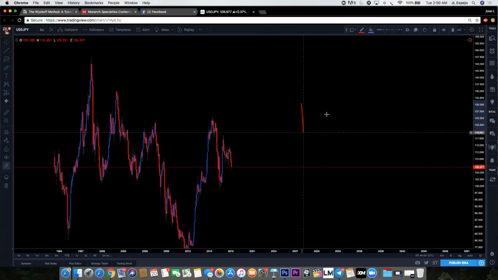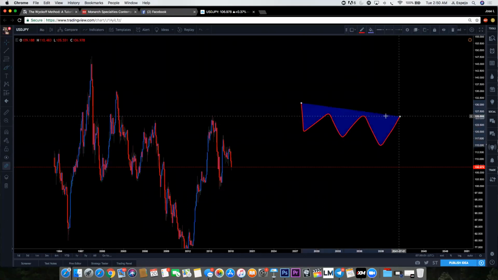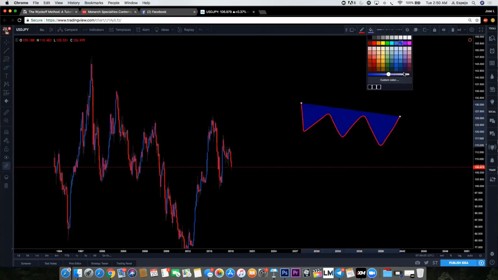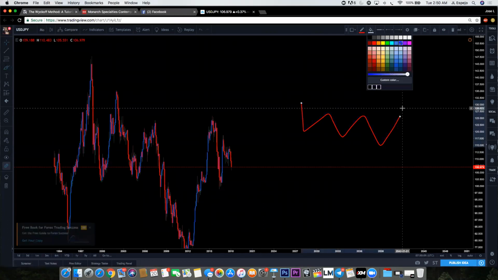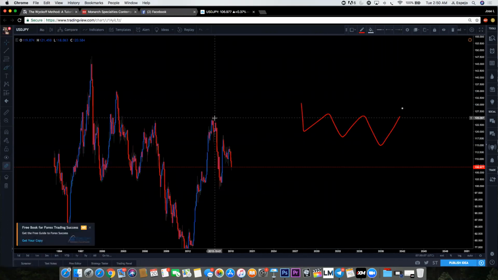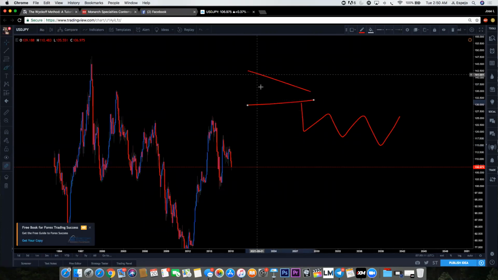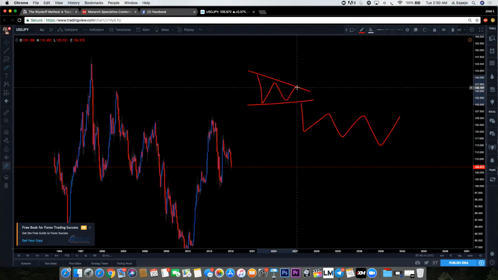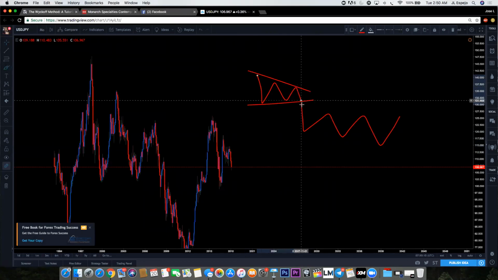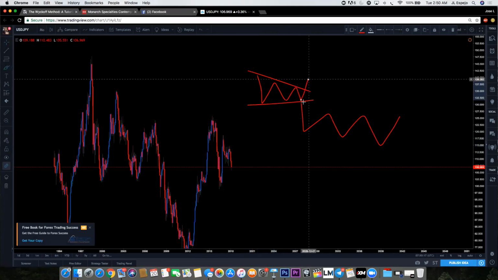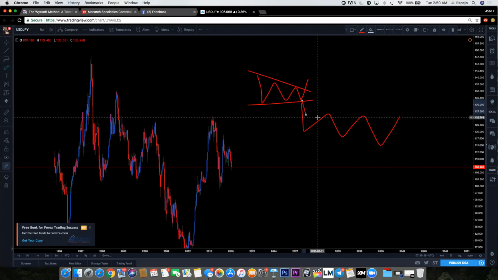So here you would notice that the market would do this. Here, let me move this. So the market would move in this pattern, be it in a triangle. It always does this. And then in the end, depending on the last touch, it would either break out this way or that way, right?